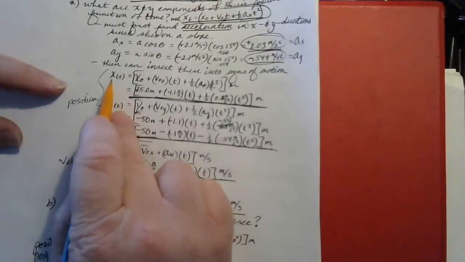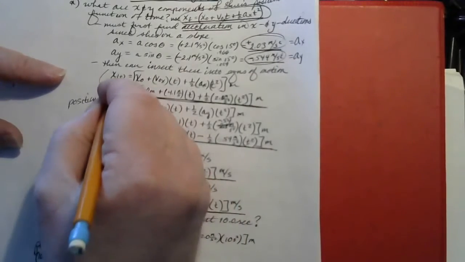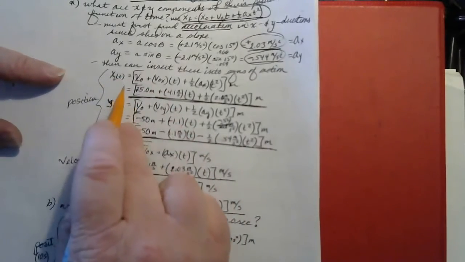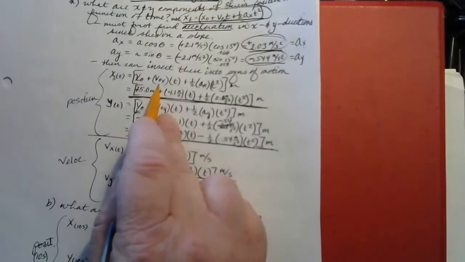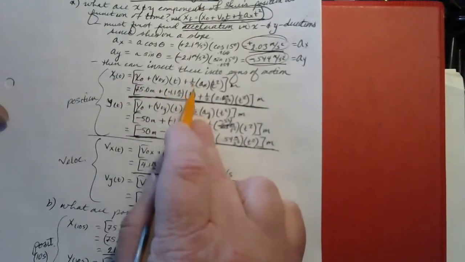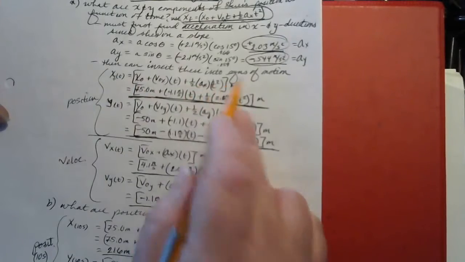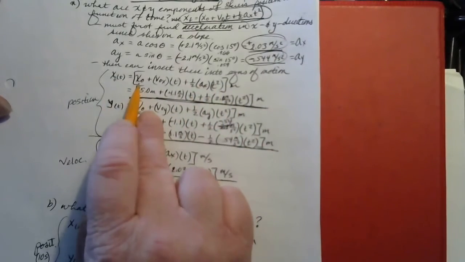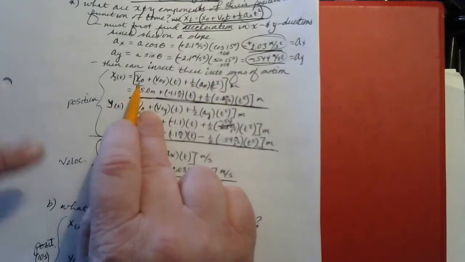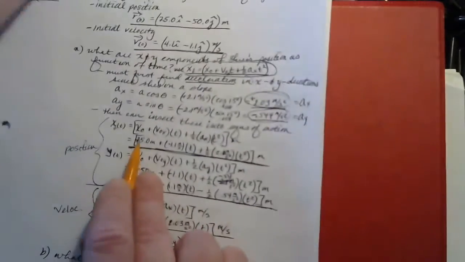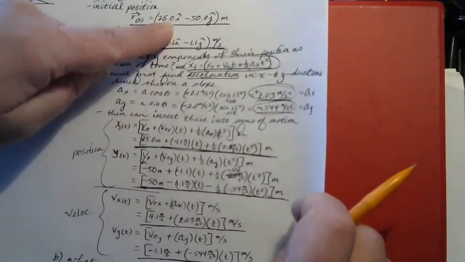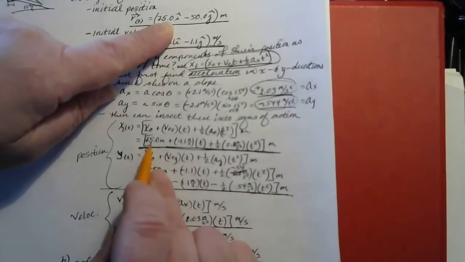So x final, or x position at any given time, is going to be x original plus v original in the x direction times time plus 1/2 acceleration in the x direction times time squared. We now have all of that information. The original position in the x direction was 75 meters.